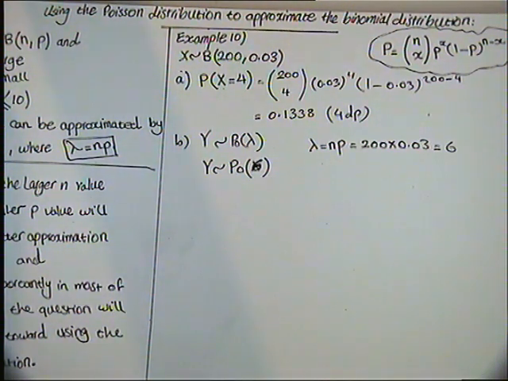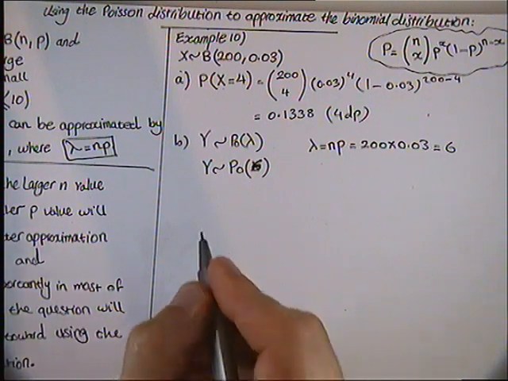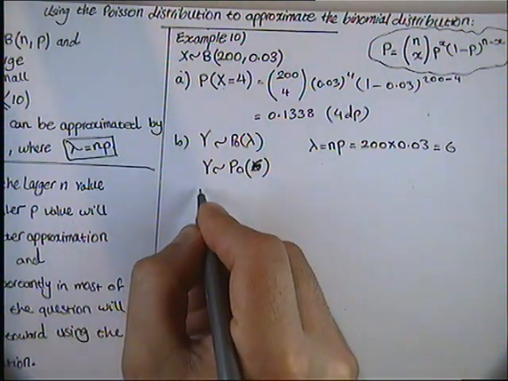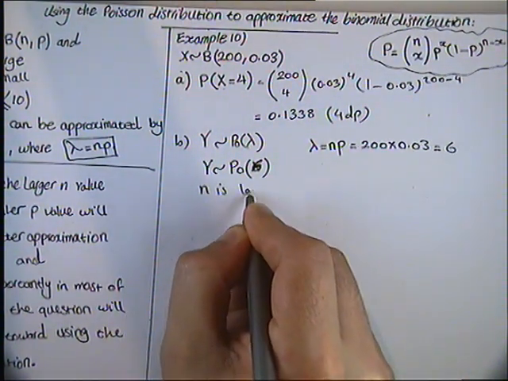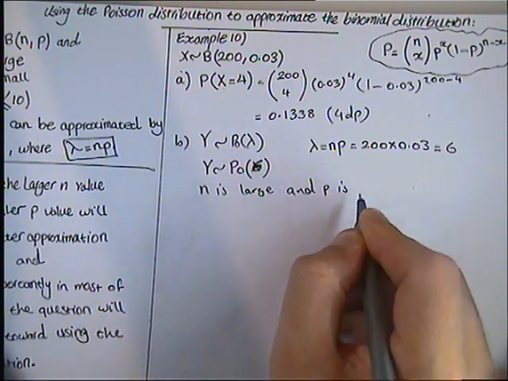Y follows the Poisson distribution with a rate of 6. As n is large and p is small, X can be approximated by a Poisson distribution.